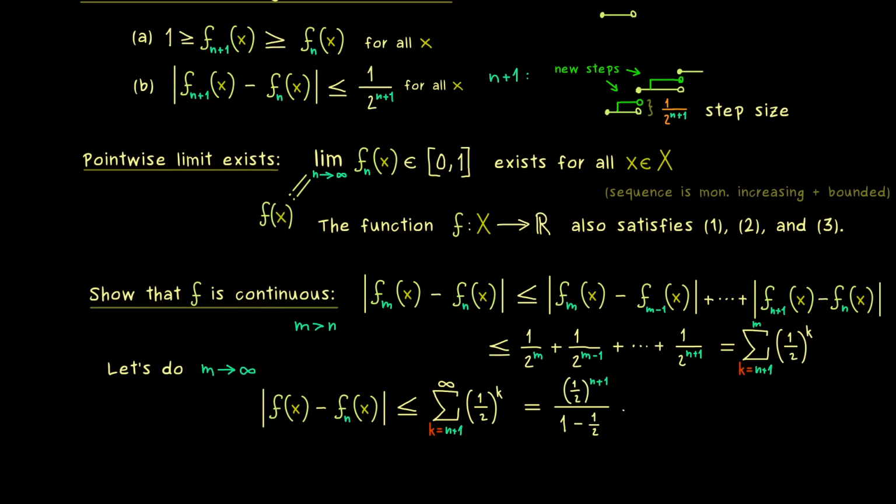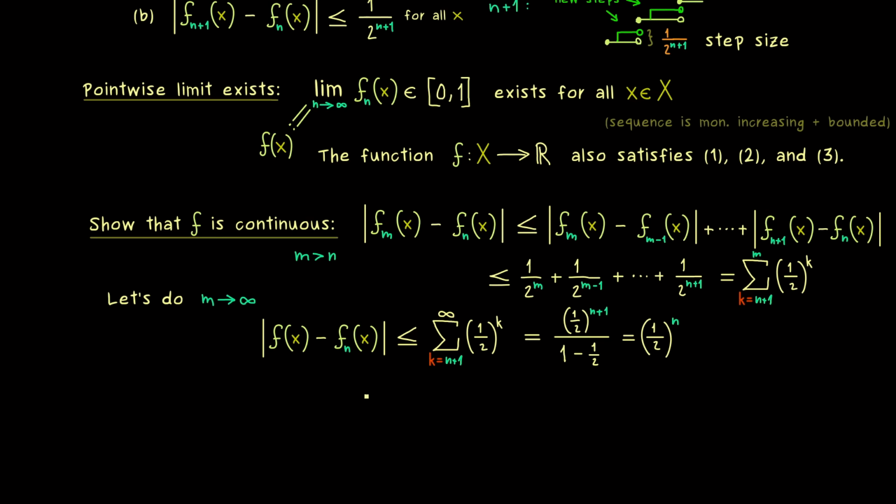And by putting that together we just get 1/2 to the power n. And this result we can use for the continuity because it tells us that the difference between f and fn can be made as small as we want. And most importantly, this bound does not depend on the x we choose.